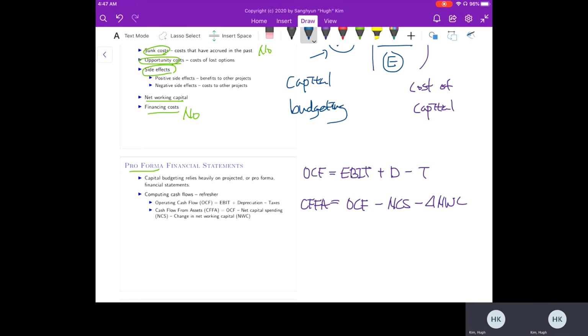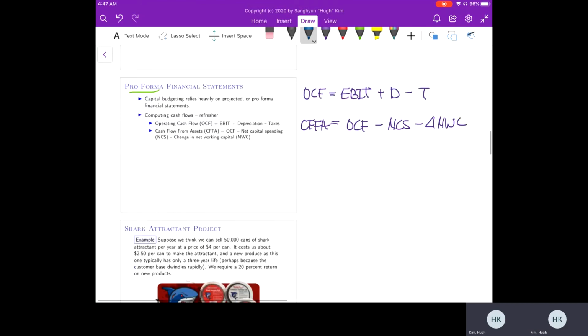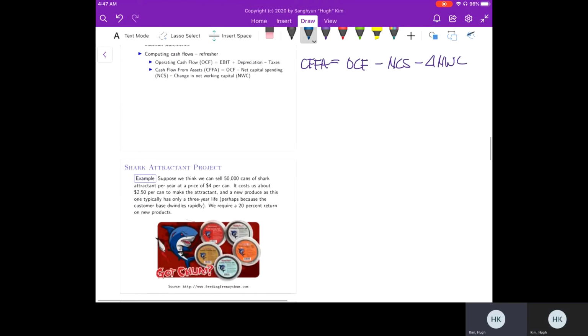Okay, so let's look at some examples. Let's look at this shock attractant project. Suppose we think that we can sell 50,000 cans of shock attractant per year at a price of $4 per can.